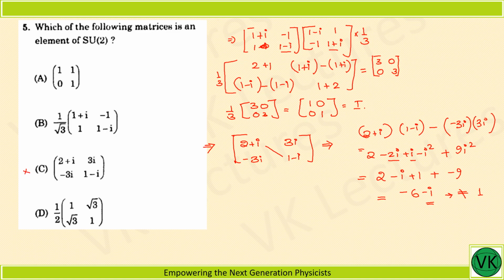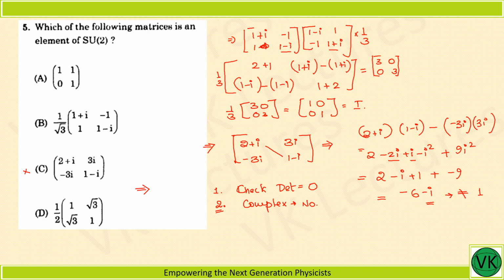So how to go forward with this question: first, check that the matrix has complex numbers, then check that the determinant equals 1.